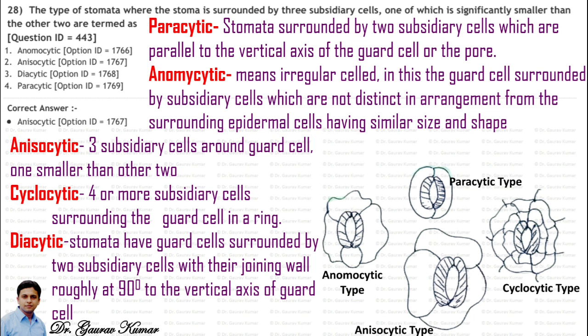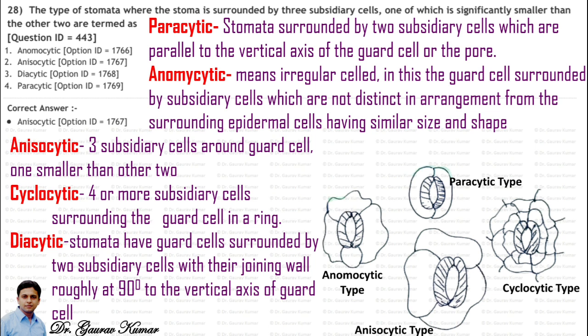Okay, so let's read the various kinds of stomata. So the answer you understood, anisocytic, we will come to this. Paracytic stomata means the stomata surrounded by 2 subsidiary cells which are parallel to the longitudinal axis of the guard cell or the pore. Anomocytic means irregular cell.